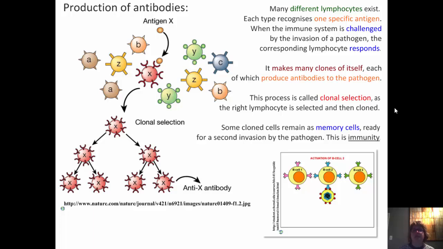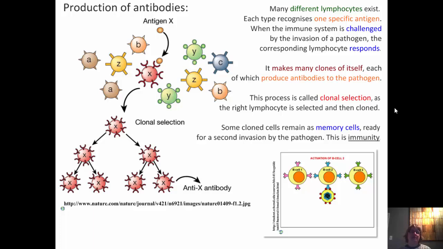So when the immune system is challenged, when we recognize a non-self cell locating an invasion of a pathogen, the corresponding lymphocyte will respond. That lymphocyte will make clones of itself, and each of those clones will then have the antibodies for that pathogen. This process is called clonal selection because the right lymphocyte was selected and then it was cloned.